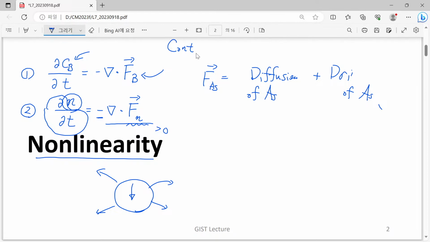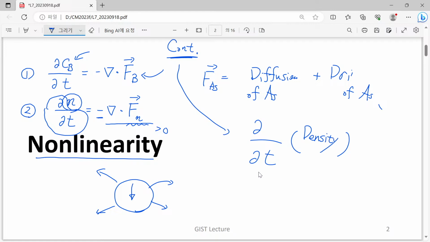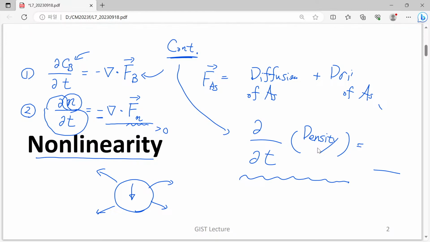Why are we solving the continuity equation? Because we are interested in the time derivative of a certain physical quantity, a density-related quantity. If you are interested in this kind of quantity, then the continuity equation is the equation of choice.